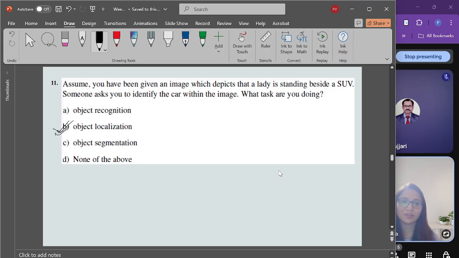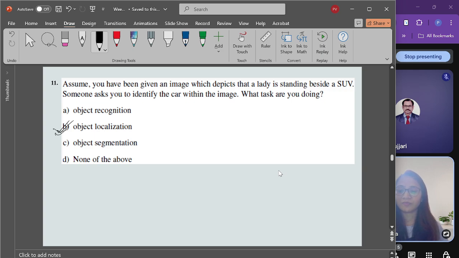I think you are a little bit confused, but just read the question and think about this. Which will be the best answer for this question? Your answer can be correct. Yeah, we can apply object segmentation as well, but this is not precisely correct.